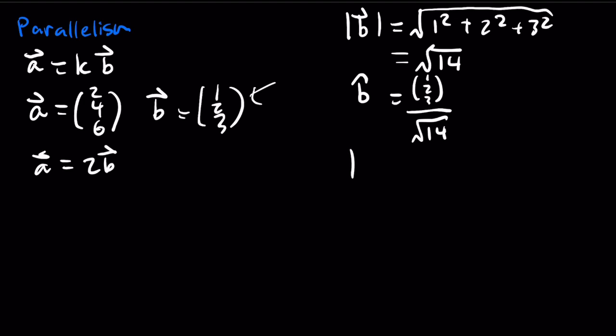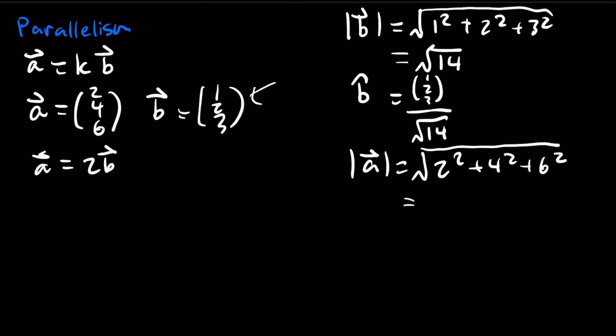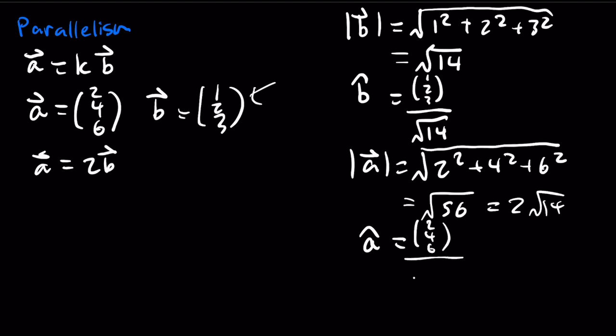Doing the same thing, we first find the magnitude of a, which is square root 2 squared plus 4 squared plus 6 squared, which is equal to square root 56, or 2 root 14. And now we once again divide vector a by its magnitude to get the unit vector of a, which will be 2, 4, 6 divided by 2 root 14.